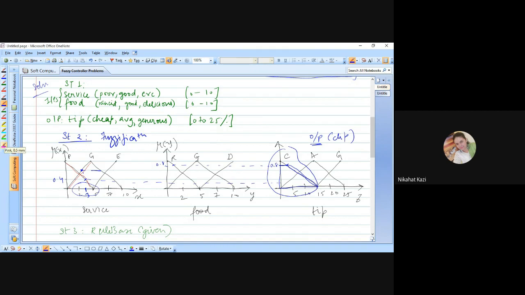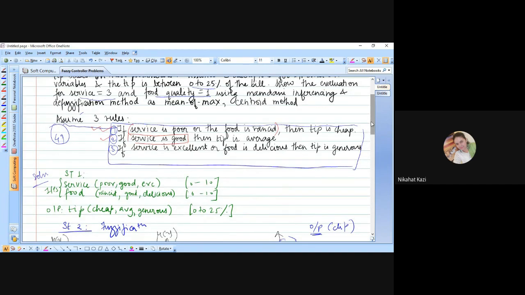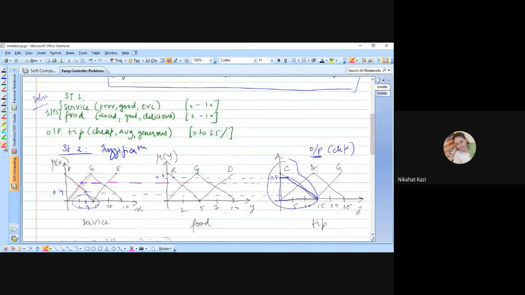So this good will be directly projected. Let me use another color so that you get that this is another rule. This good will be directly projected to the consequent part of the rule. And what is the consequent part of the rule? The tip is average. So it should cut that off. This is the clip. The average function is a triangular function.